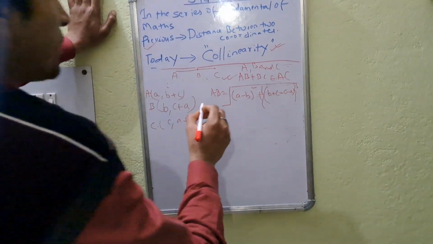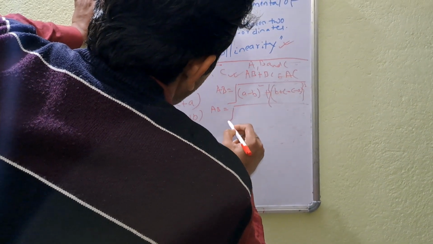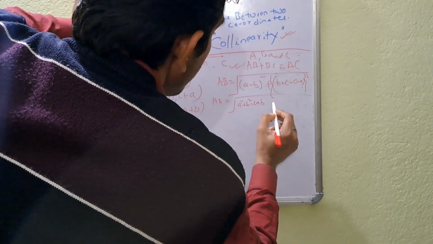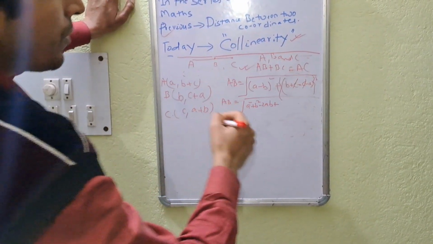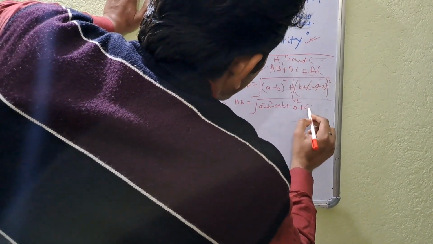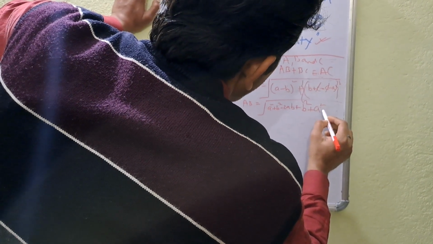Understood? So we will be simplifying this term as a square plus b square minus 2ab, plus, this will be cancelled out, so (b minus a) the whole square. So plus b square plus a square, again minus 2ab.